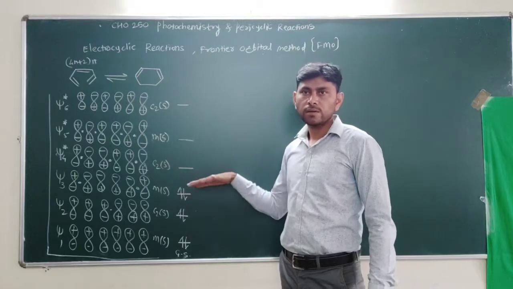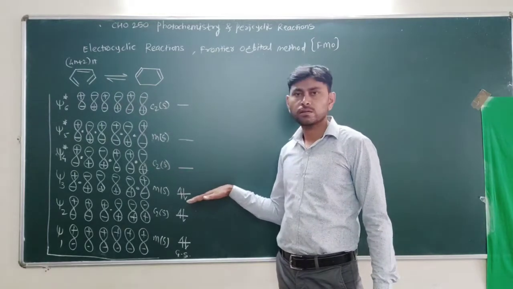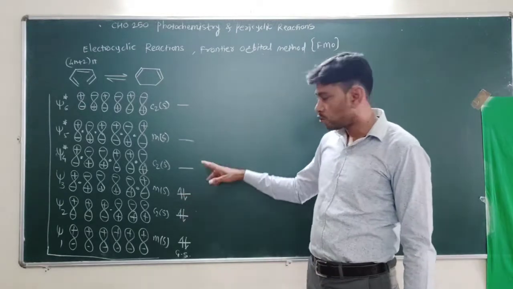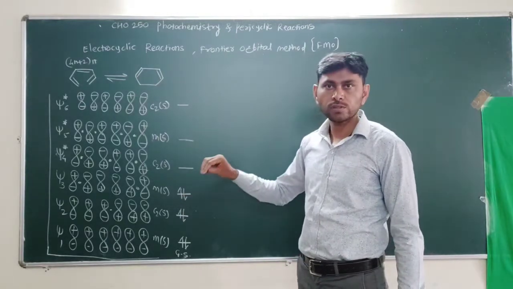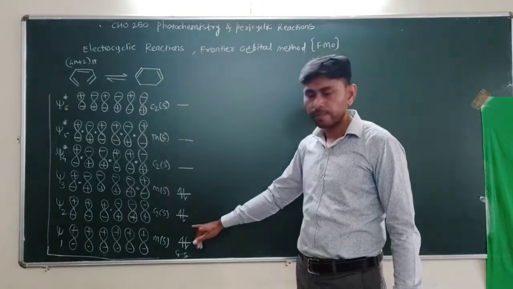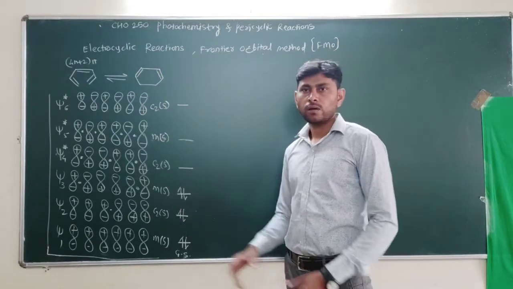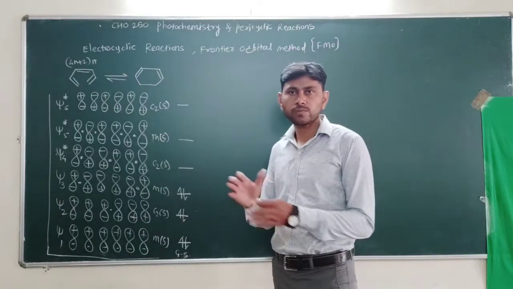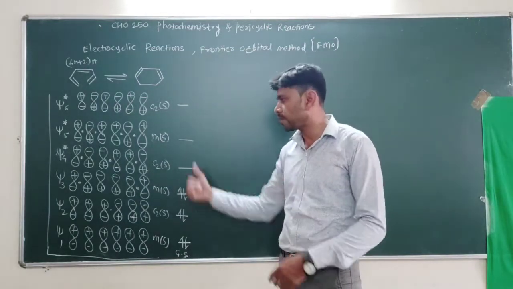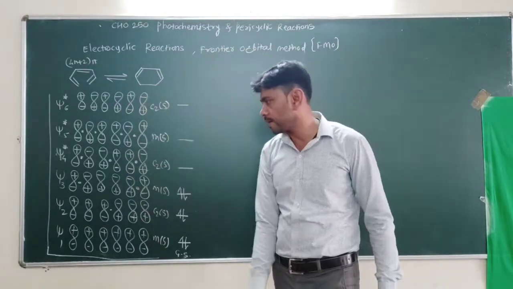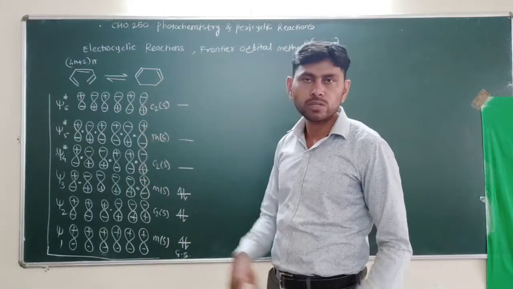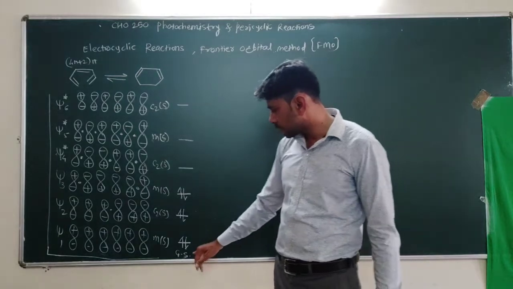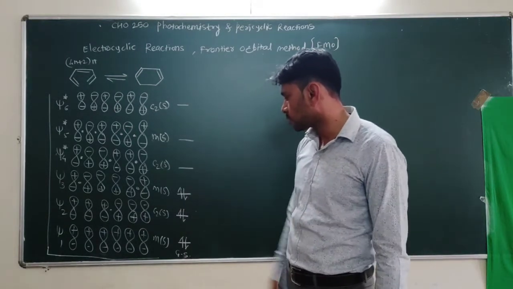In this manner, by using Pauli's exclusion principle, Hund's rule, all the rules for filling orbitals by electrons applicable to atomic orbitals are applicable here in these molecular orbitals, psi1, psi2, psi3, psi4 star, psi5 star, psi6 star. So all these are molecular orbitals, and the ground state distribution of electrons is this.